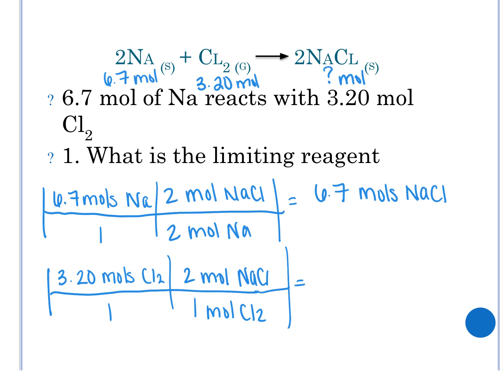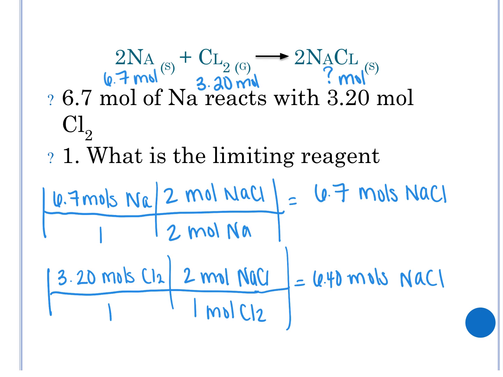What's 3.20 times 2? 6.4. I'm going to rewrite that. That looks terrible. Okay, so 6.40.